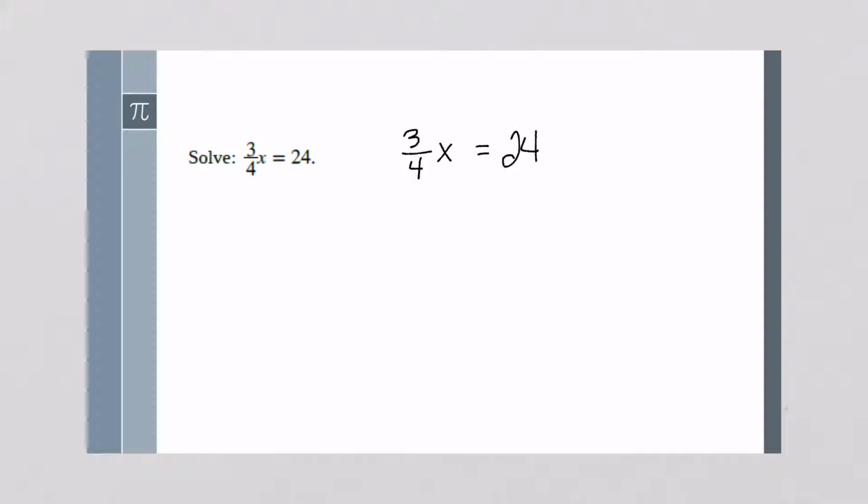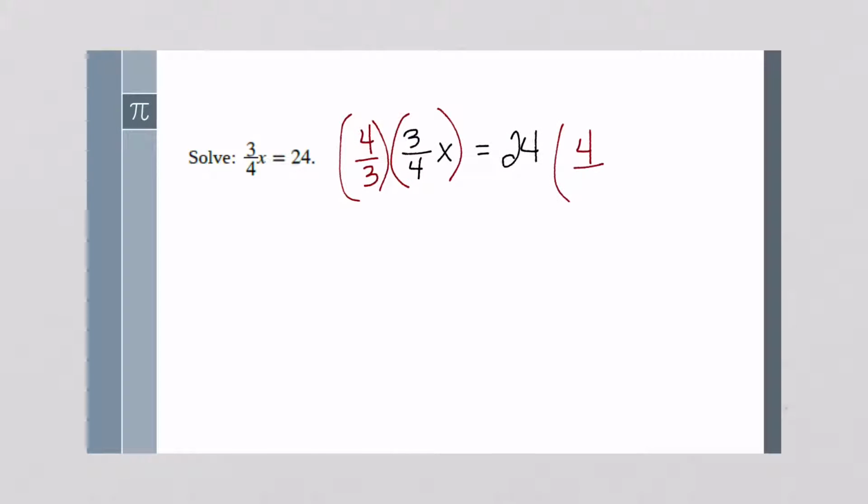Okay, for this problem right here, a couple of things you could do. You could see this as multiplication, which is 3/4 times x, in which case you undo multiplication with division. If you divide by a fraction, though, that is the same as multiplying by its reciprocal. So I think the quick and easy way to do this problem is to simply multiply by the reciprocal on both sides.